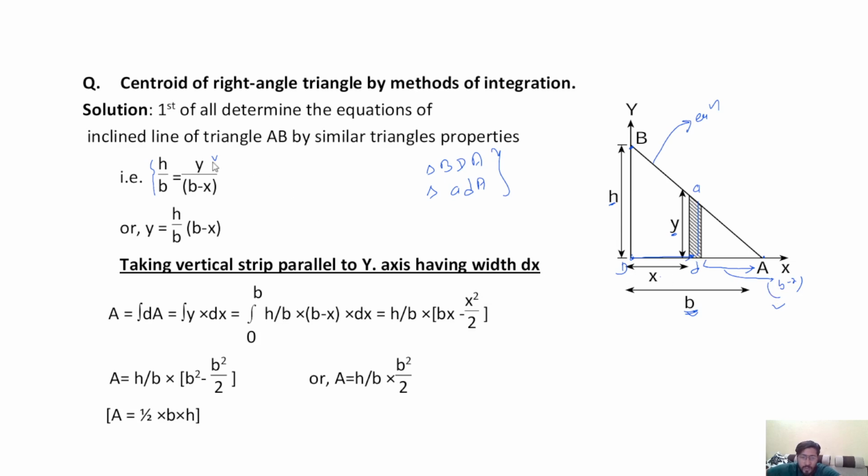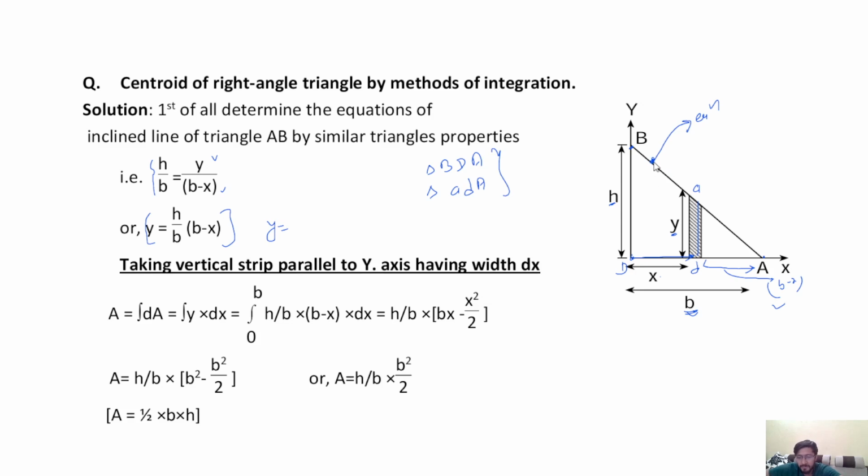That's why y upon b minus x. From here we develop an equation: y is equal to h by b into b minus x. This is the equation of this inclined line.